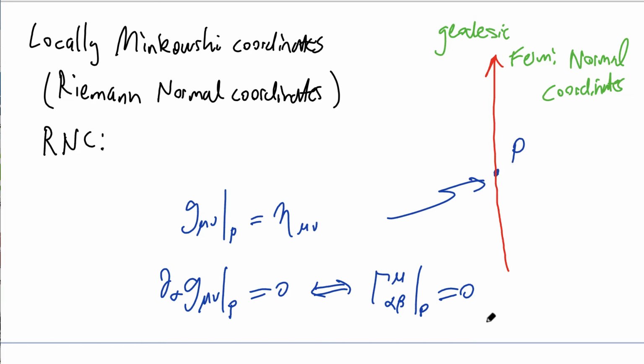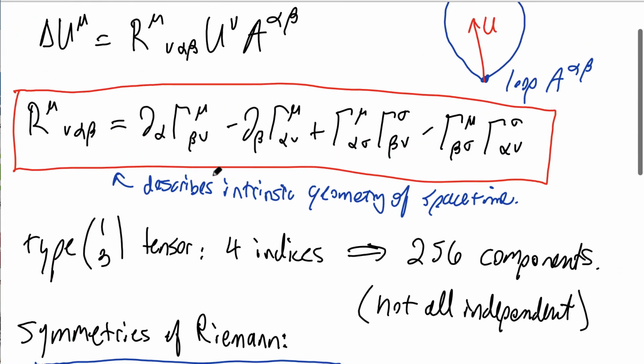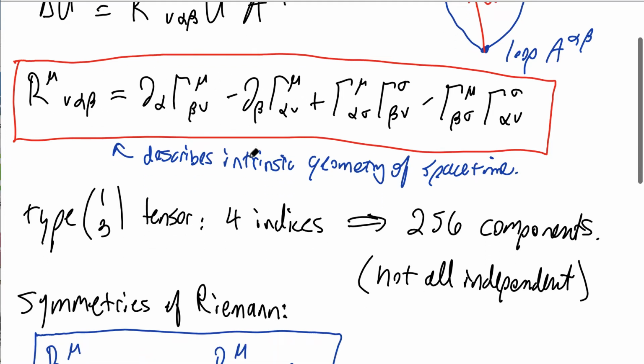Now let's evaluate the Riemann tensor at point P using Riemann normal coordinates. If we recall the definition of the Riemann tensor, it looks like this. And because the Christoffel symbols vanish at point P, both of these terms are equal to 0. Now the vanishing of the Christoffel symbols at point P does not imply that the derivatives of the Christoffel symbols vanish at point P. So in this case, the Riemann tensor looks like R mu nu alpha beta evaluated at point P in Riemann normal coordinates.